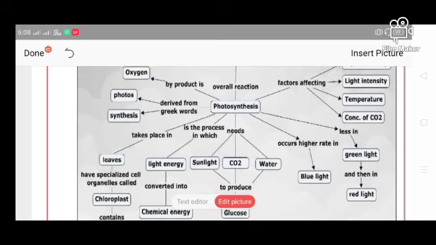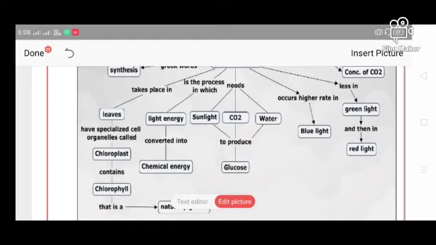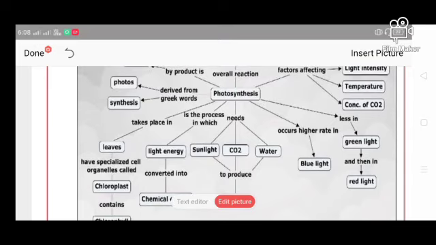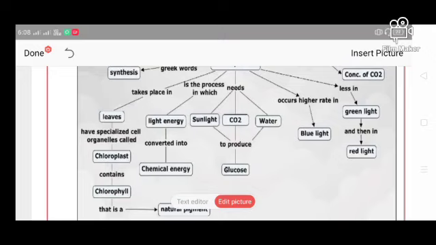What happens actually is that light energy triggers the photosynthesis activity, which comes from the ultimate source of light, that means the sunlight. The sunlight converts the light energy into chemical energy inside the leaves.